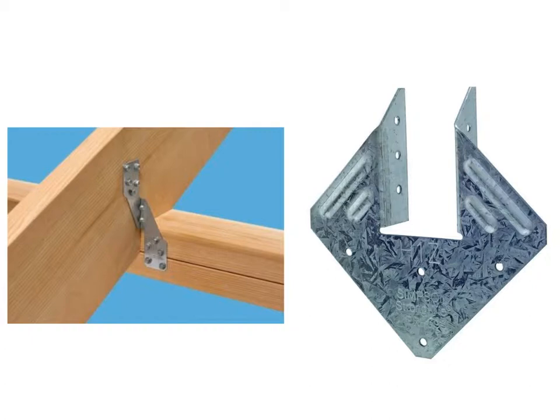Okay, now looking at some of these hurricane ties, that's what they're called, right? Simpson Strong-Tie. You can use these just like tie rafters, they're basically rafter tie type things. If you look at this one over here, speaking of rotations, that one kind of looks like it has a little rotation going on. It is three-dimensional, so it's a little bit harder to describe, but we can see that it's basically reflected up.